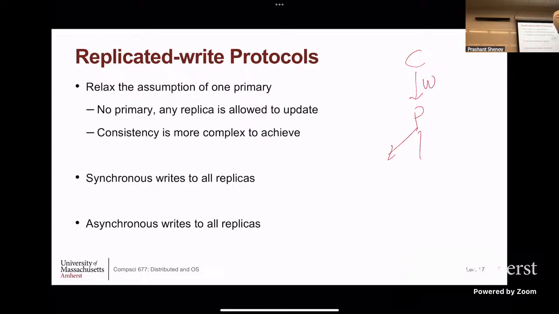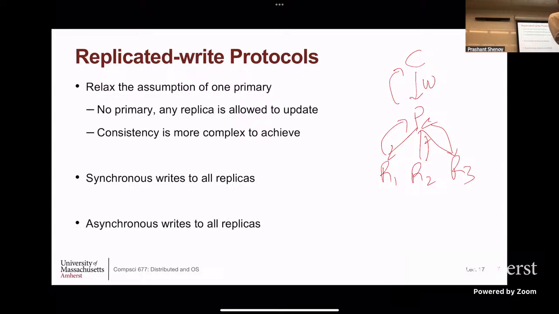The primary has to send it to all the replicas, say R1, R2, R3, and then acknowledgements come back, and the client is going to be blocked until that. The client will not get a return from the write until the acknowledgements come back, and then the write will return saying it has completed.